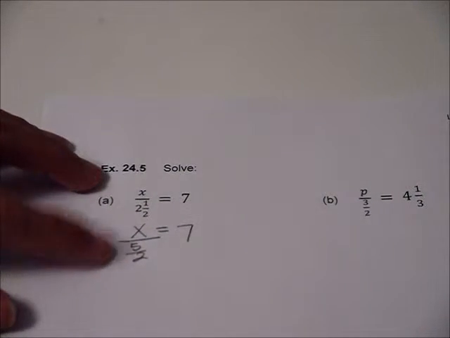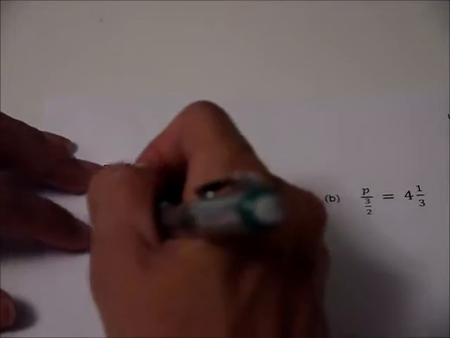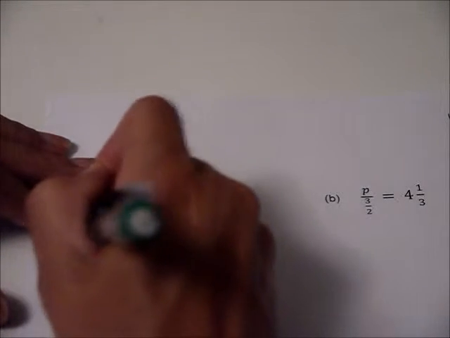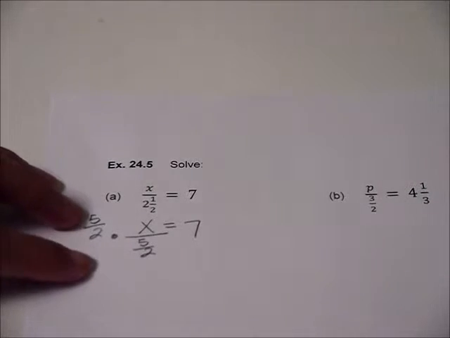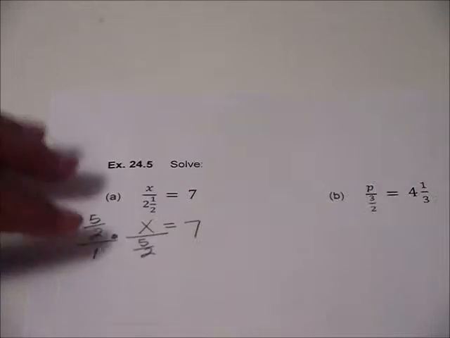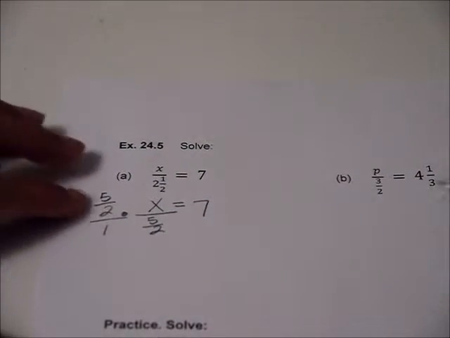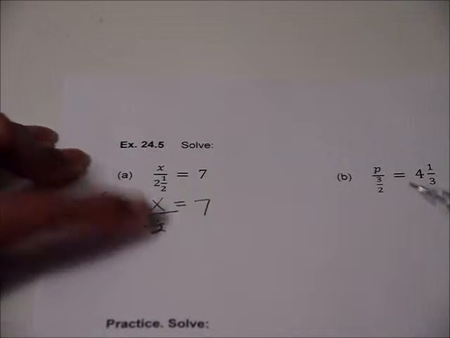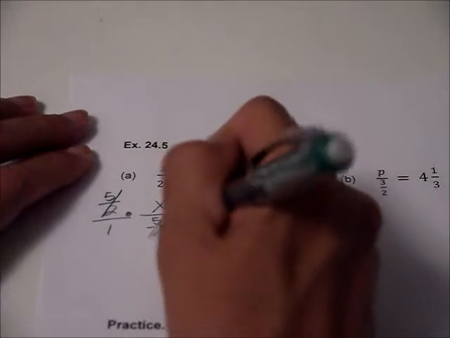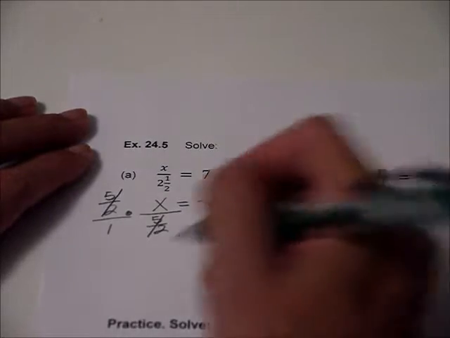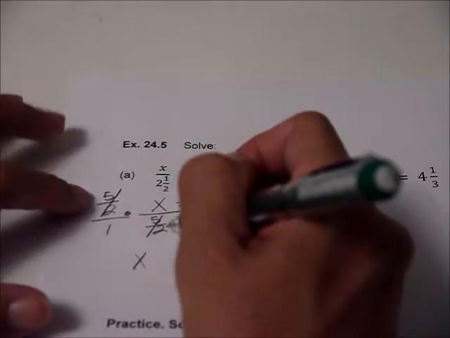Well, remember, to get something out of the denominator, we just multiply. Now this isn't a reciprocal one, right? Because I put it over 1, this is exactly the same thing, top and bottom, so those guys go away or cancel out, now leaving me with an x. So what did I multiply by?